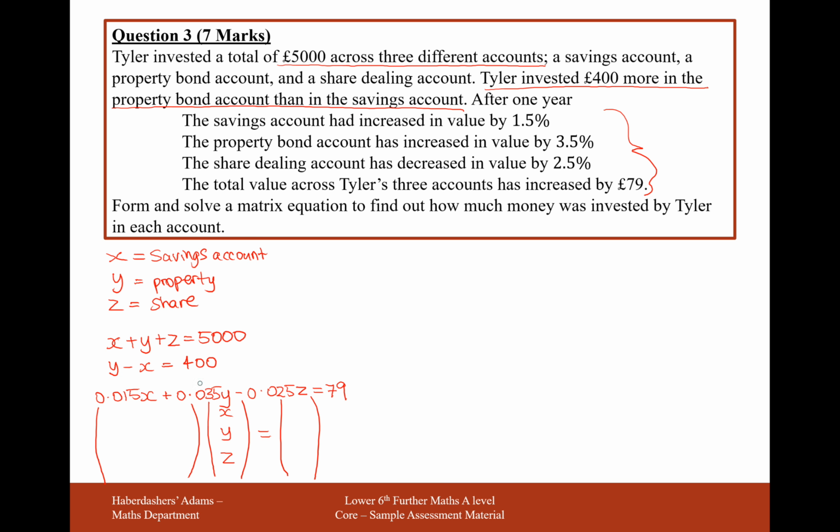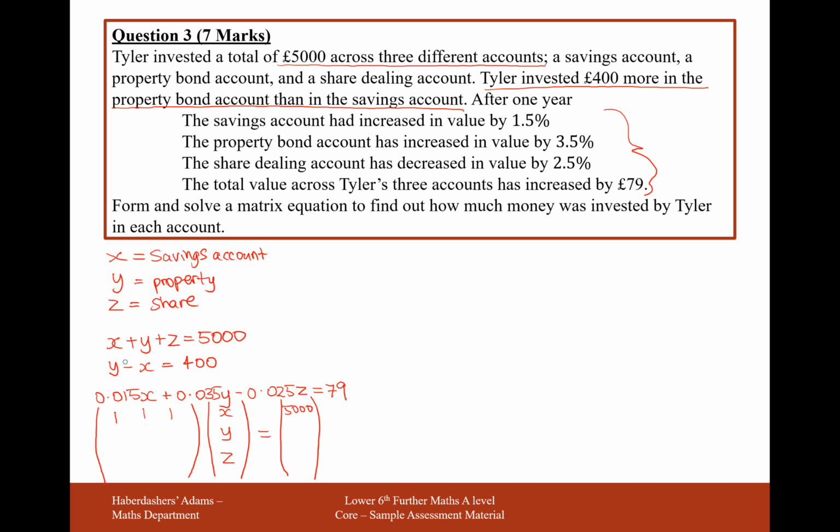And then for each of these 3 equations we need coefficients to go in these cells here. We've got a 3 by 3 matrix here that will times out to make these values here. The first one's nice and easy. I need 1 on the X, so 1X here, 1 on the Y here, and then 1 on the Z here. And then when I times this equation out, I'm going to get X plus Y plus Z, and then on the right hand side here I'm going to need 5,000.